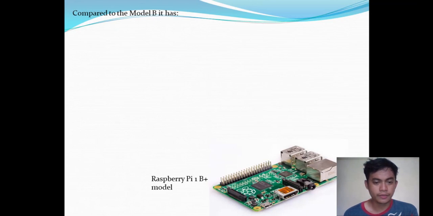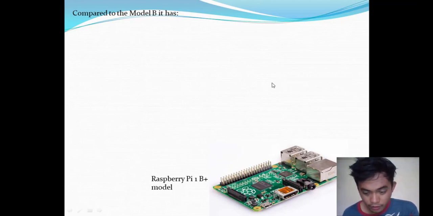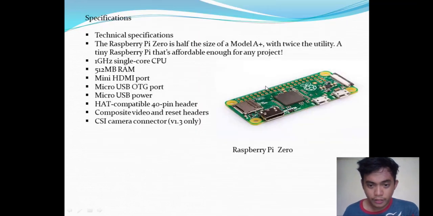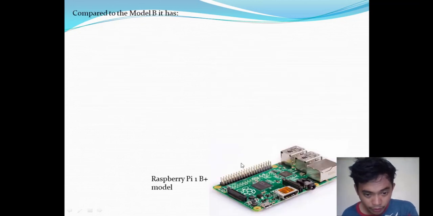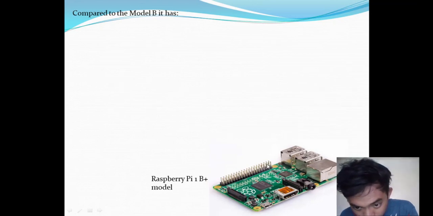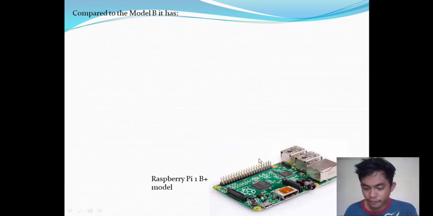Next is the Raspberry Pi 1 B Plus model. Compared to the Raspberry Pi Zero, as you can see, the Raspberry Pi Zero has no pins, and the Raspberry Pi 1B, as you can see, you can spot the difference with these tiny little pins.